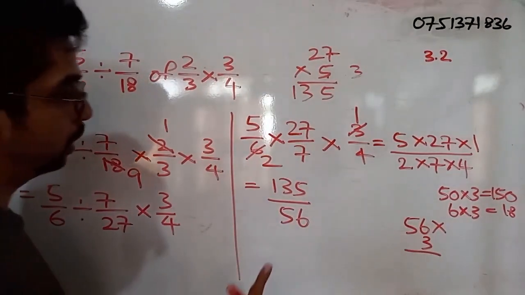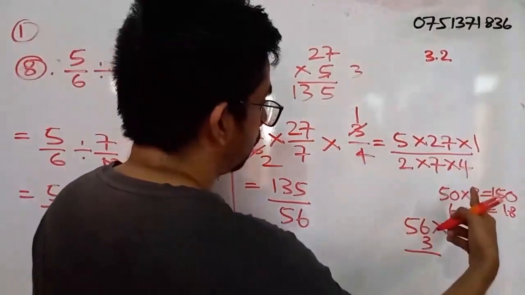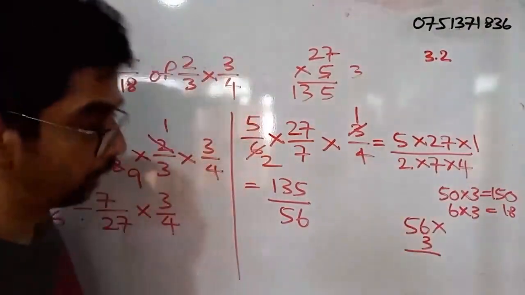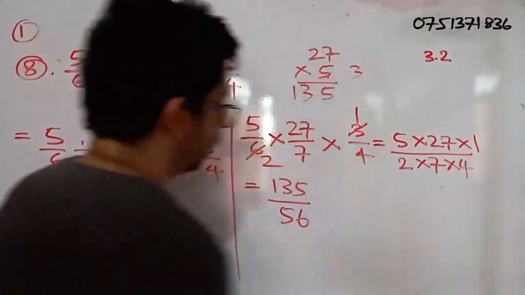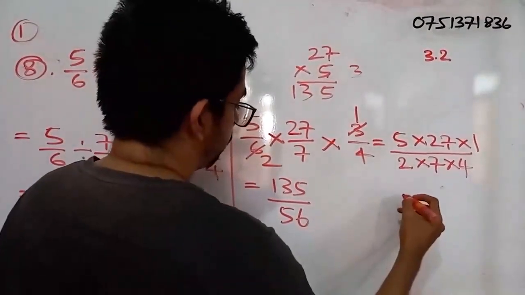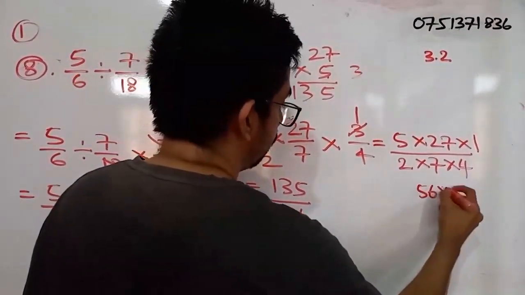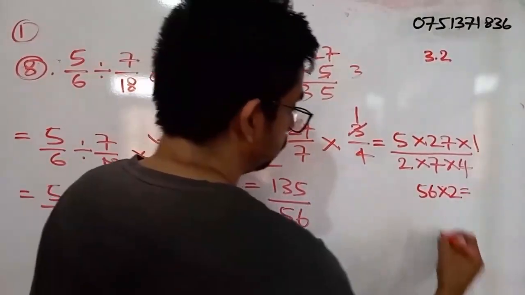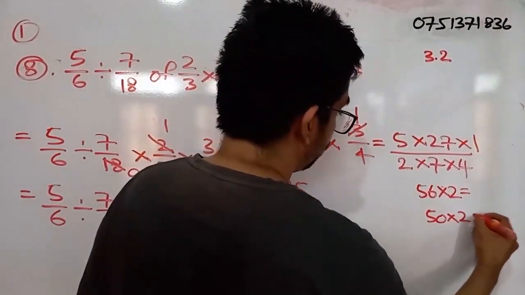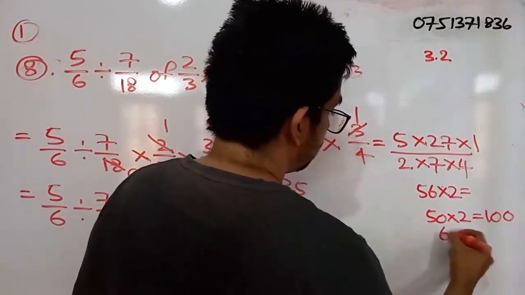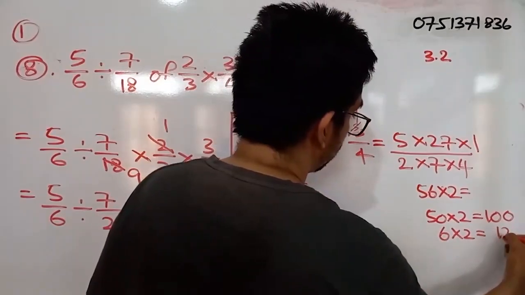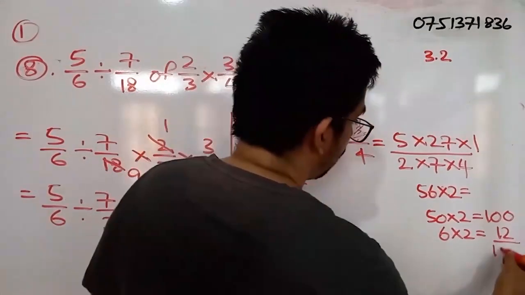So we cannot go 50 times 3. So 50 times 2, that is 100. Sorry, 56 times 2. 50 times 2, we know that is 100. 6 times 2, we know that is 12. So we get what? 112.